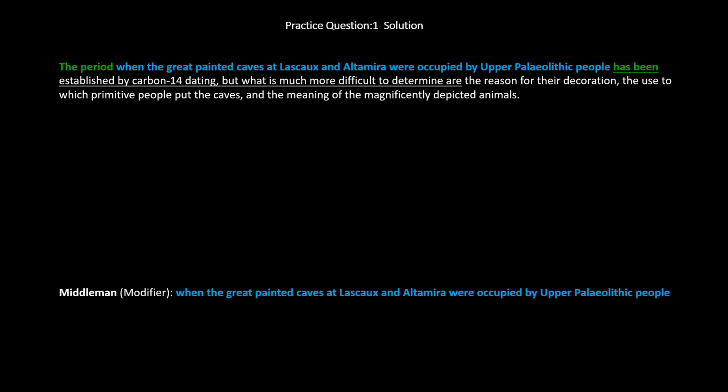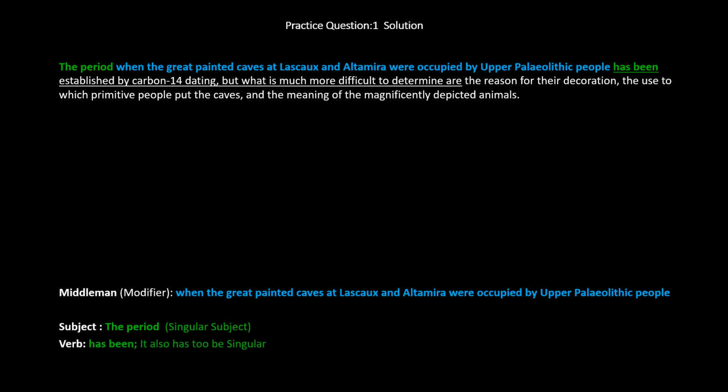After eliminating the middleman, I see a singular subject, that is the period, and a singular verb, that is has been. Hence, we eliminate three options C, D and E because they have plural verbs.